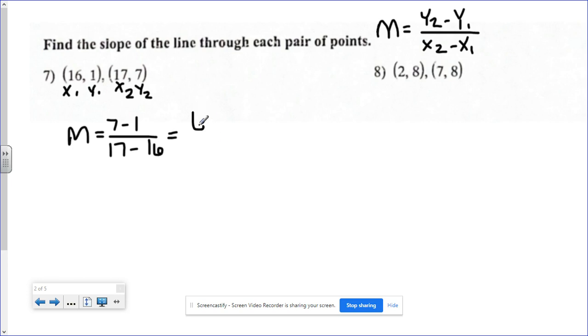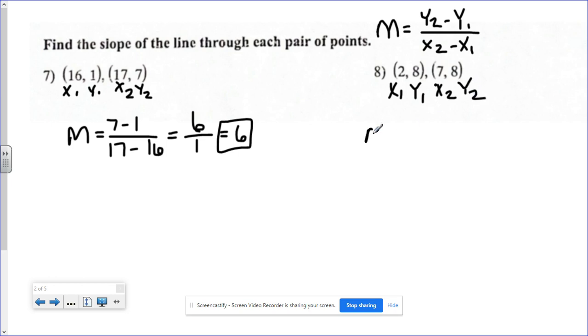So now I just have to subtract. 7 minus 1 is 6. 17 minus 16 is 1. And 6 divided by 1 is 6. So the slope for number 7 is 6. I'm going to do one more of these with you. This is x1, this is y1, this is x2, and this is y2.